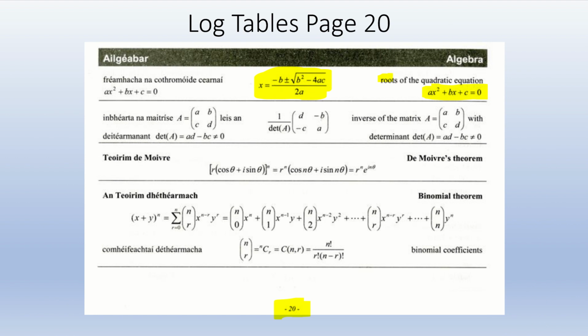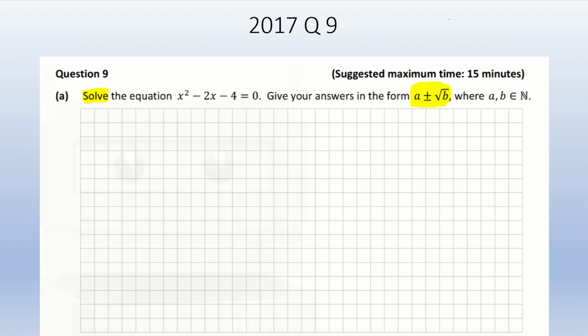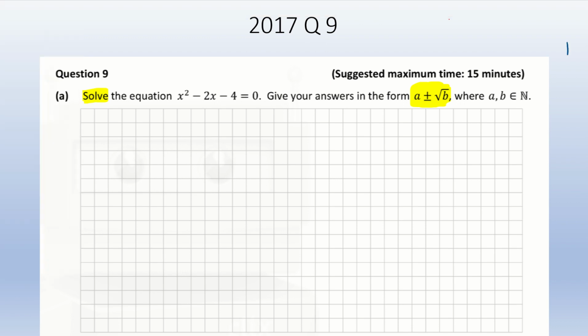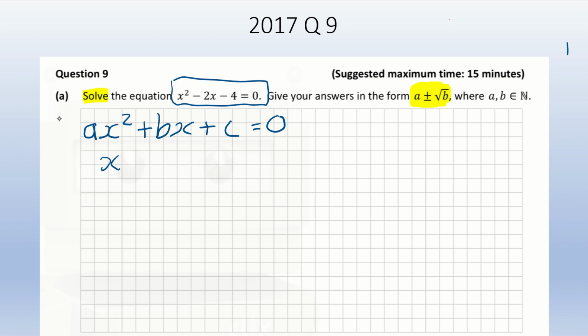So I'm going to write out this bit in my actual question. ax squared plus bx plus c is equal to 0. Now the quadratic that you're given is this thing here, so I'm going to write that just underneath it. x squared minus 2x minus 4 is equal to 0.